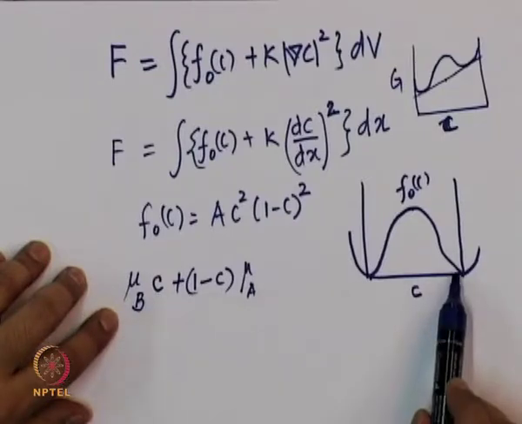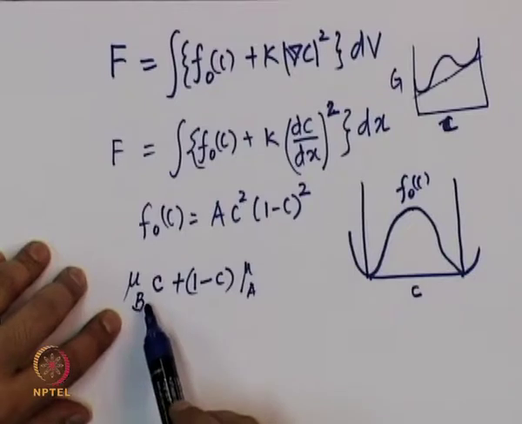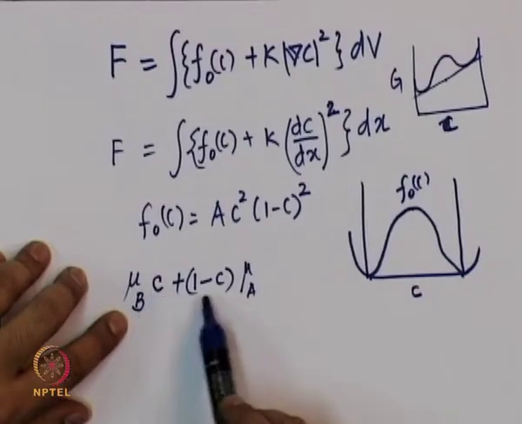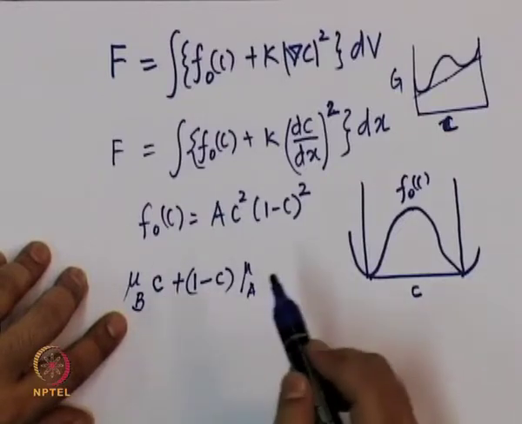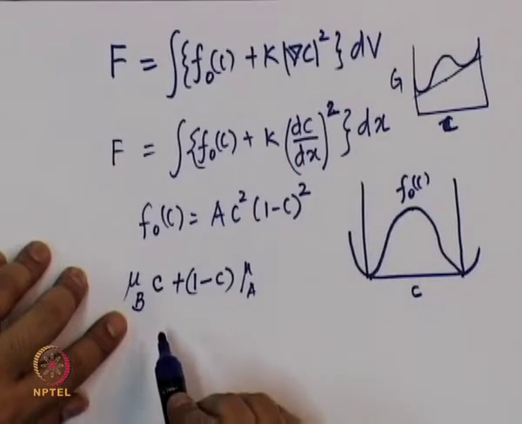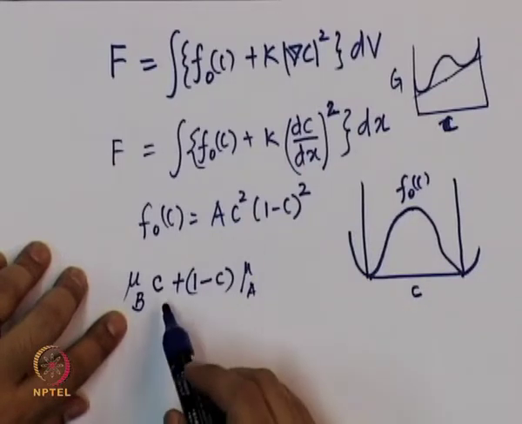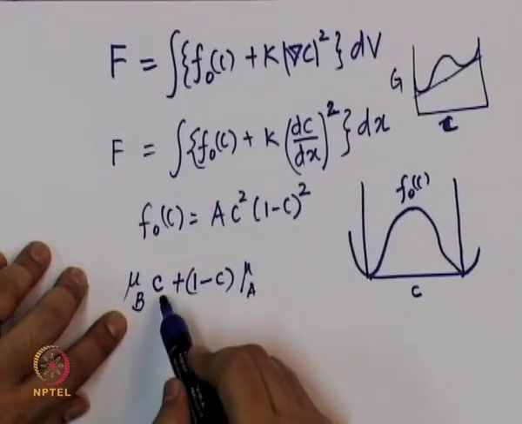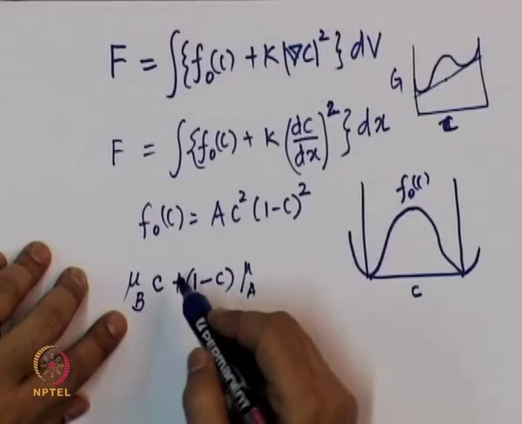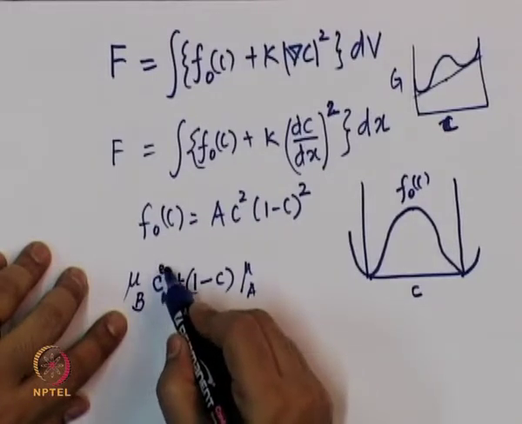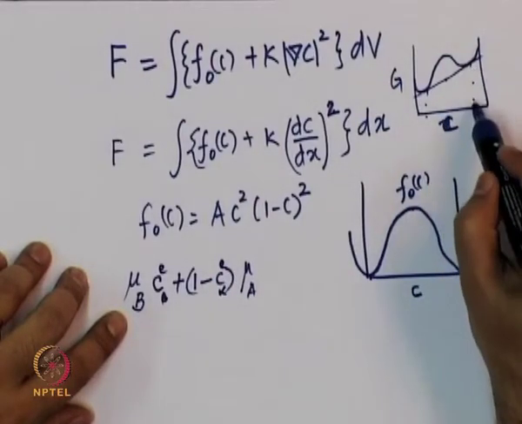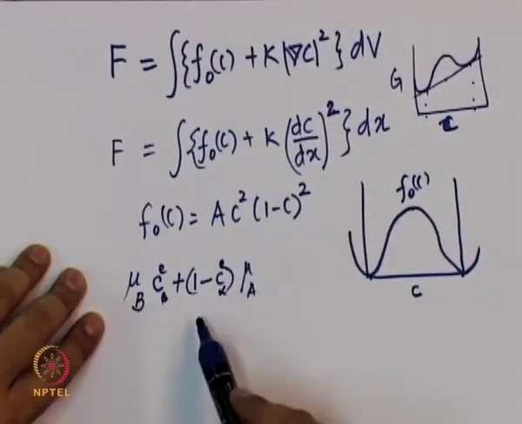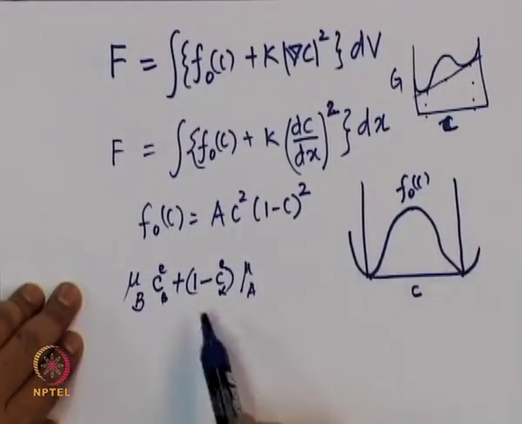So, at both the cases, if you take c, this is the equilibrium c that we take, 1 minus c, for the, let us call them alpha and beta phases. So, c beta equilibrium and c alpha equilibrium. Those are the two end compositions for which the free energy is written. Now, in our case, because this happens to be 1 and this happens to be 0, this entire quantity is 0.